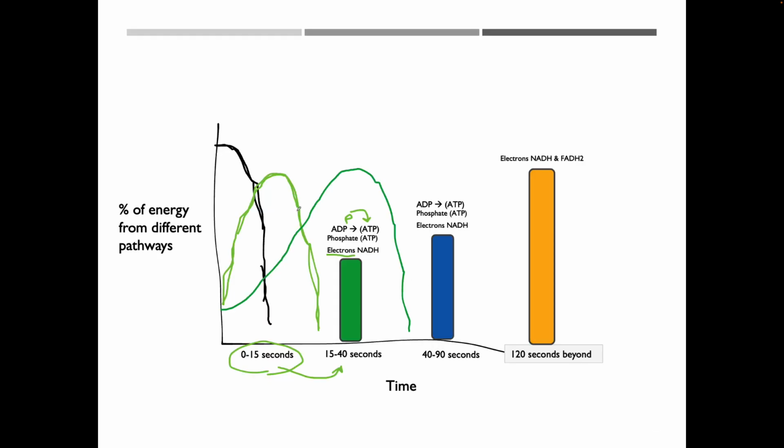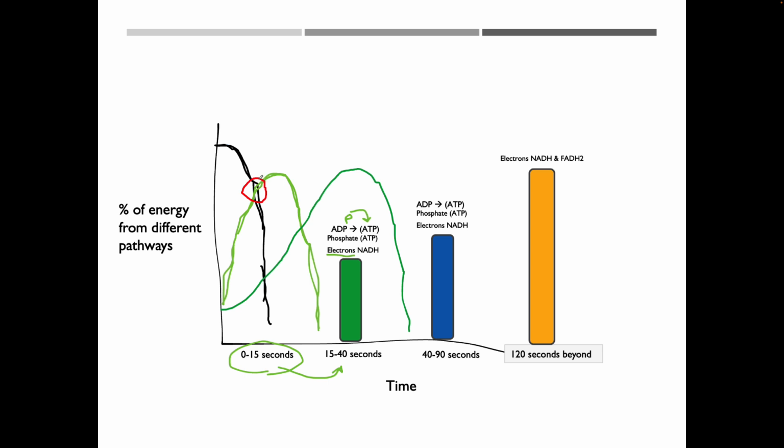Now, I told you here that this anaerobic glycolysis pathway begins to rev up when ATP-PC begins to come down. Some important points to take note of: look at this intersection. You can see where the black and the green cross one another.